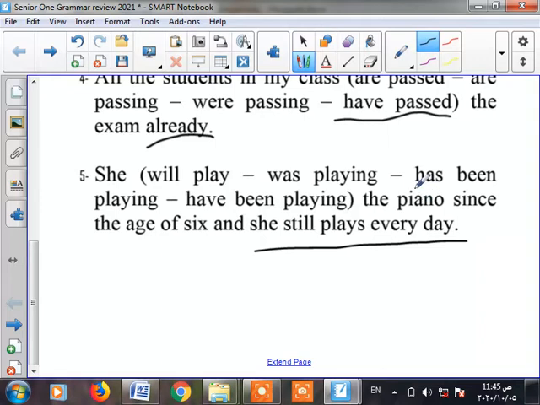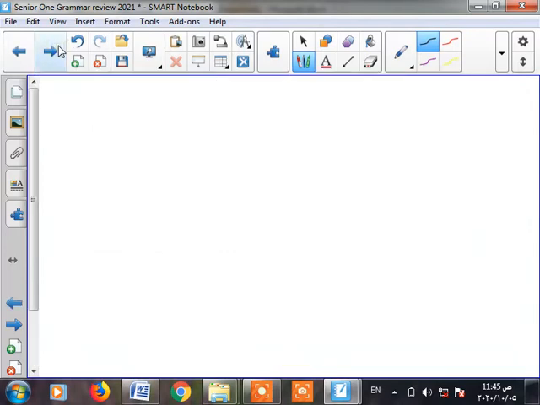So you use has been playing. She has been playing the piano since the age of 6 and she still plays it.